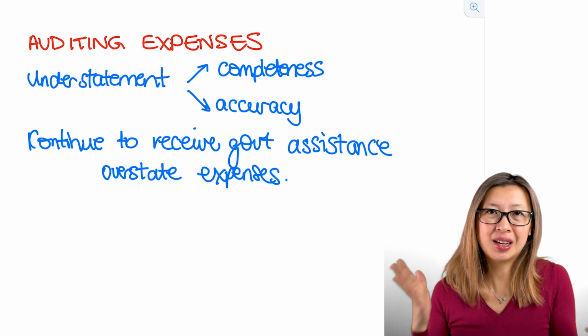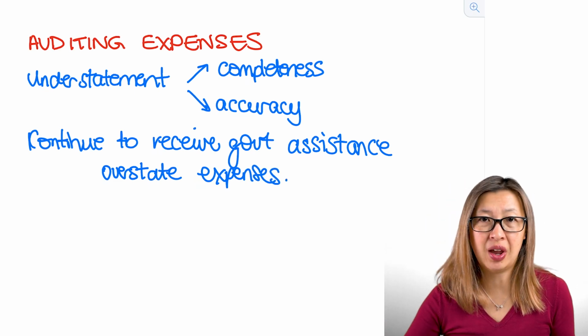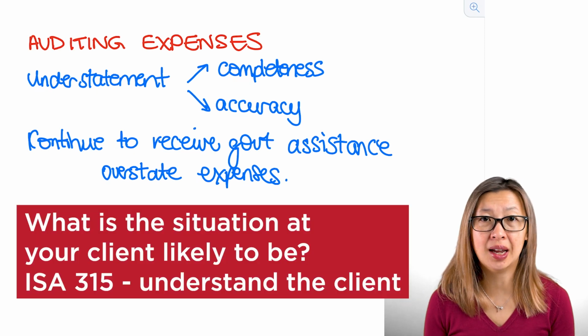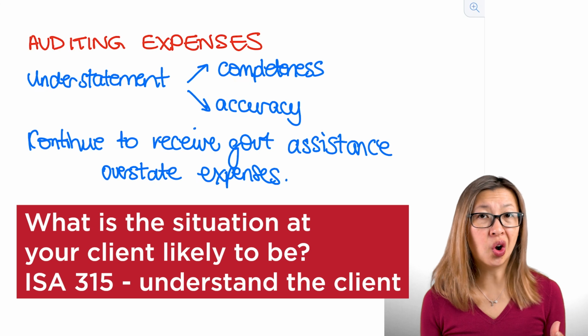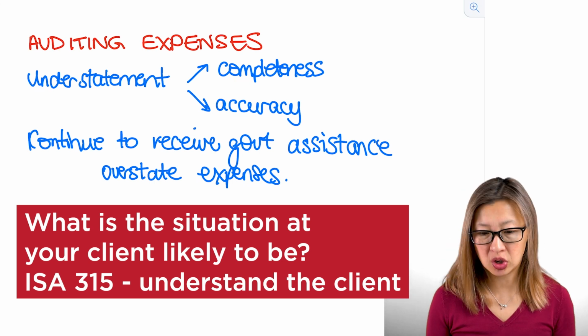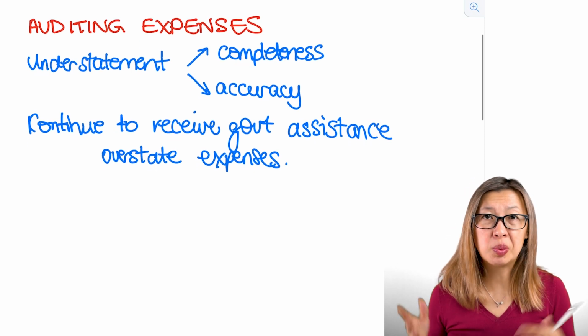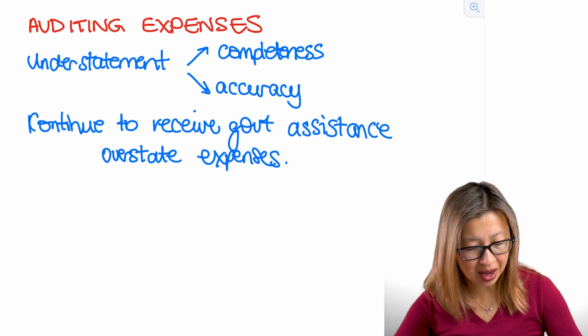All right, and remember there are expenses in lots of different types of areas. So you need to look at your client and say, okay, what is more likely? Are they more likely to understate or overstate, or you're not quite sure and you're going to potentially be looking for both?